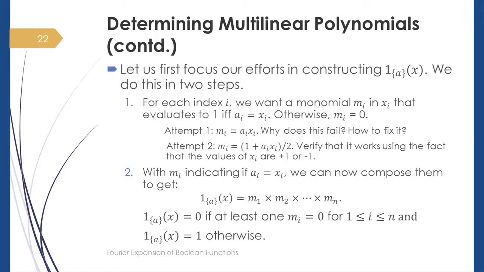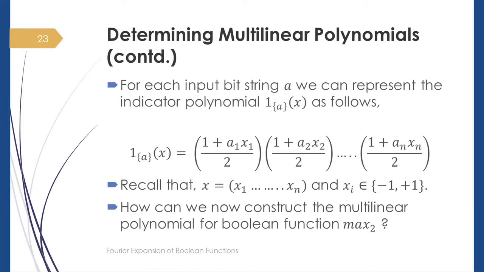So, you really want all of the values to be 1 for the entire indicator polynomial to evaluate to a value of 1. And so, continuing, the indicator polynomial itself takes on the form (1 + a1 x1)/2 times (1 + a2 x2)/2 through (1 + an xn)/2 for each possible input.